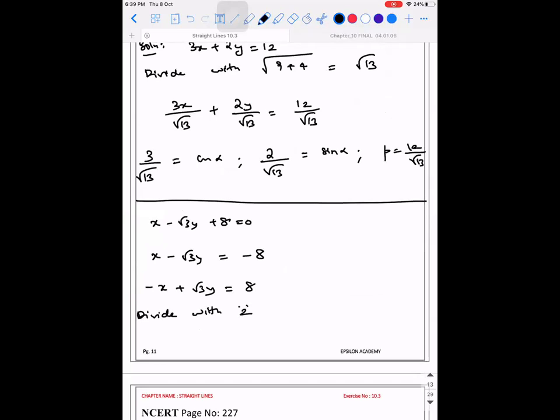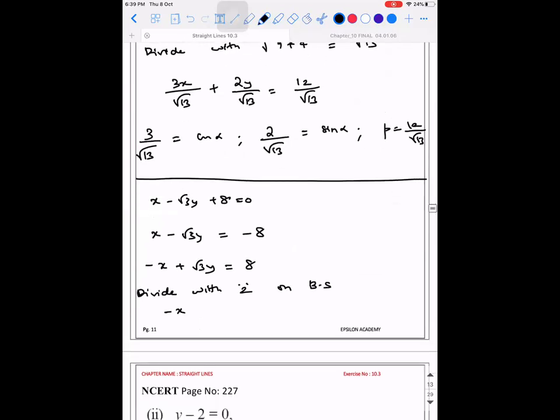Accepted? So divide with what? Root of a square plus b square. Then it will be minus x by 2 plus root 3y by 2 is equal to 4. So cos alpha is minus half, sin alpha is root 3 by 2, and perpendicular distance is 4. Cos is negative, sin is positive. Which quadrant?